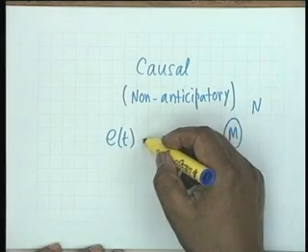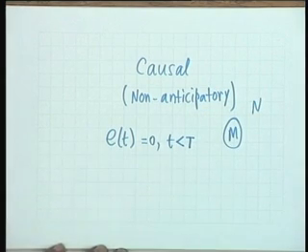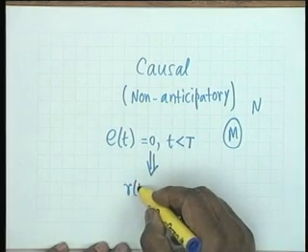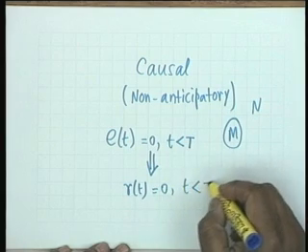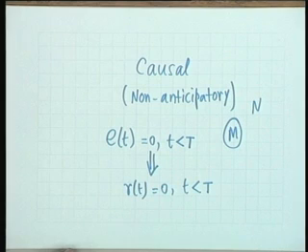So, if the excitation is 0 for t less than capital T, if the excitation is 0 up to an instant of time capital T, then a causal network is one in which the response, which could also be a scalar or a vector, is also 0 for t less than T. This is called a causal network or a non-anticipatory network. In other words, the output cannot precede the input. All right. If the input is 0, the output has also to be 0.